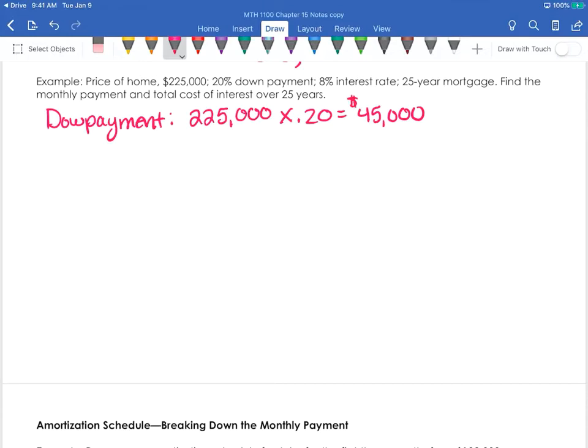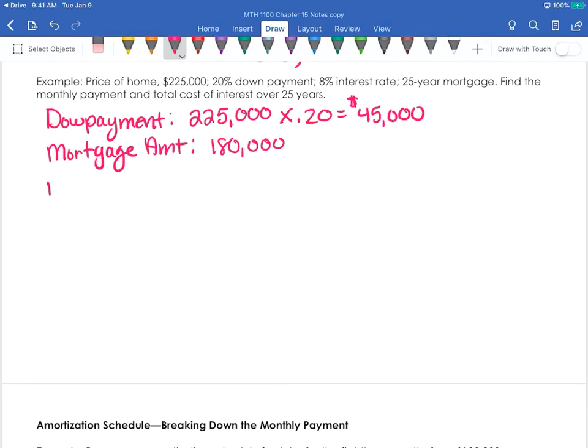So the person buying this home is putting $45,000 down, which means the mortgage amount, the amount he's going to have to borrow from the bank, is going to be $180,000, because I'm going to take the $225,000 and subtract the down payment. So whatever's left is going to be the amount that I'm going to have to borrow from the bank.